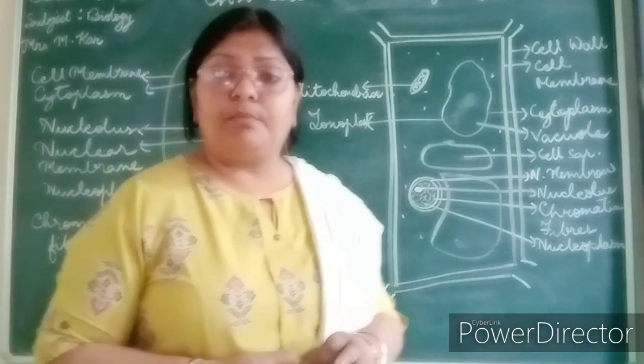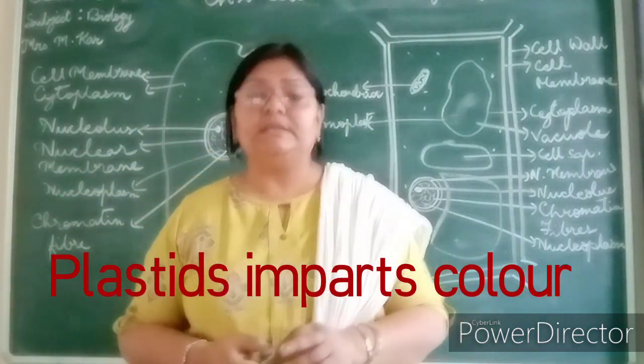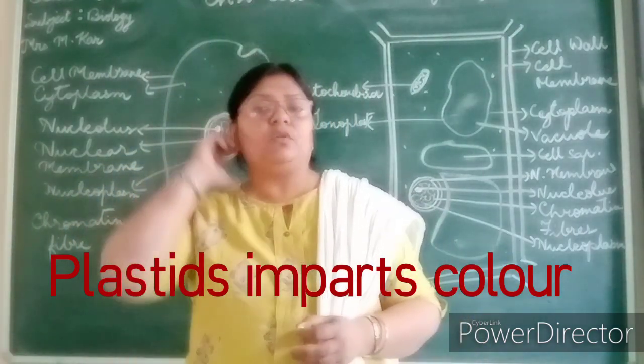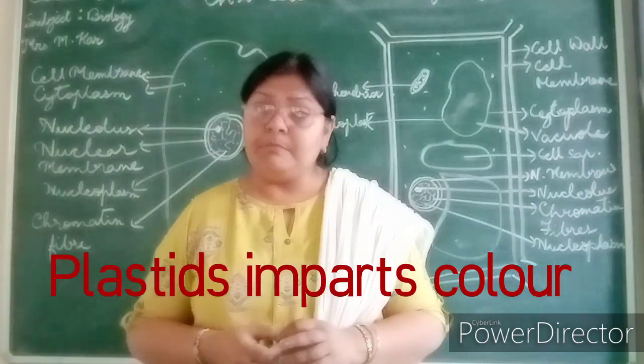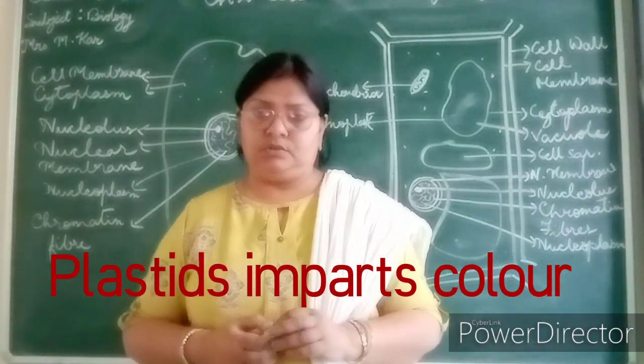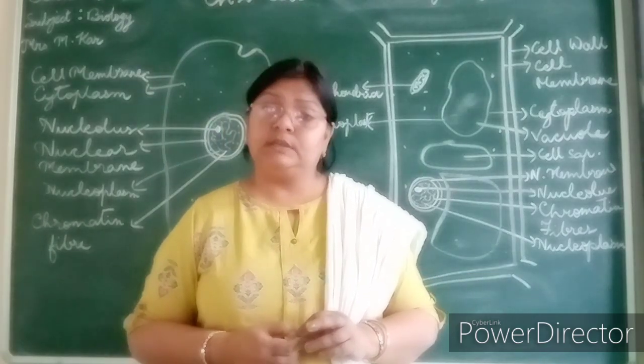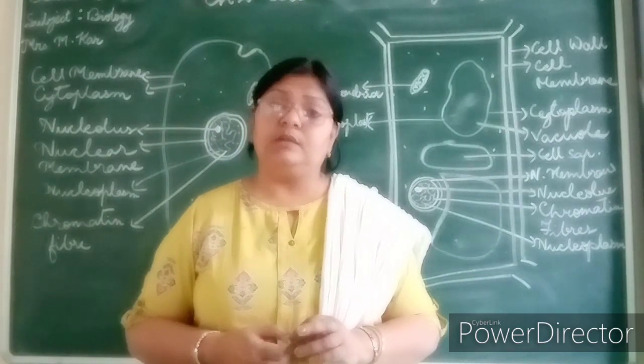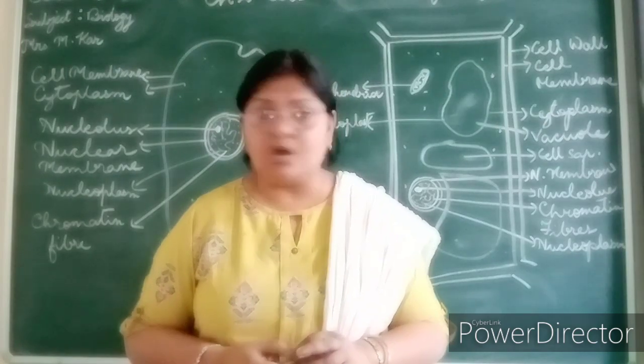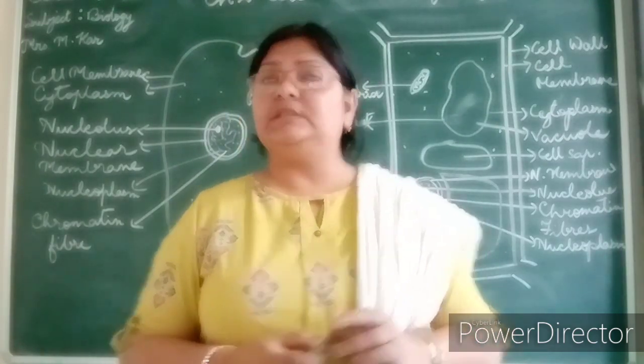Now there is an organelle called plastids. These are basically, again, double membraned organelles. They impart color to the cell. This is present only in plant cell. It is not present in animal cell.